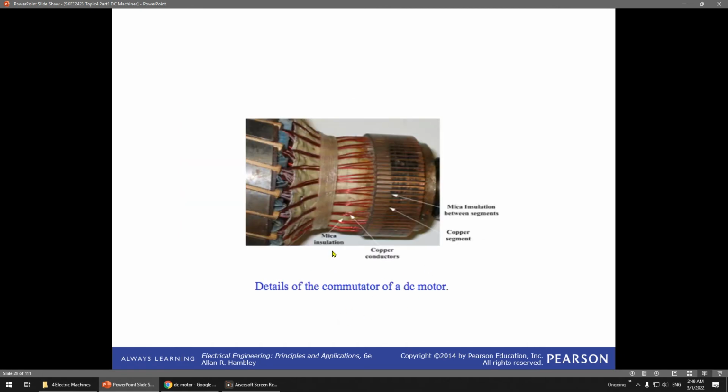This is the commutator. You can see it is insulated between the segments, so it doesn't short. The wires are near each other but not shorted because they are laminated, meaning the wire has insulation. It's not a bare wire. This one is bare wire, this is not.